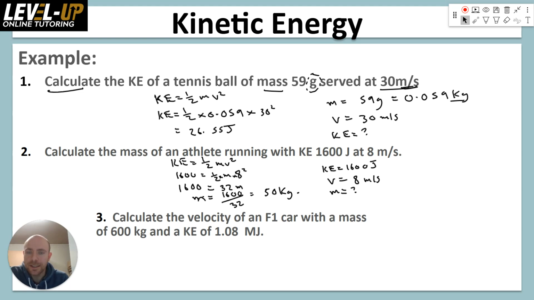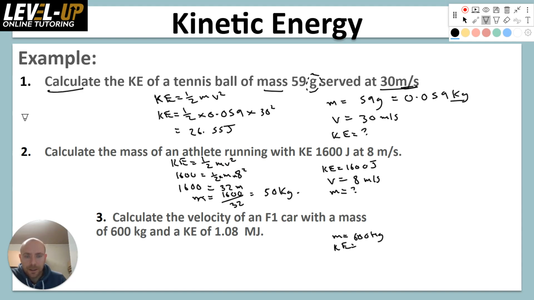Finally, final example here, calculate the velocity of an F1 car with a mass of 600 kilograms and a kinetic energy of 1.08 megajoules. So again, let's get this information down. What do we know? We know that the mass is 600 kilograms. Are the units correct? Kilograms are the units we want for mass, so that's all good.